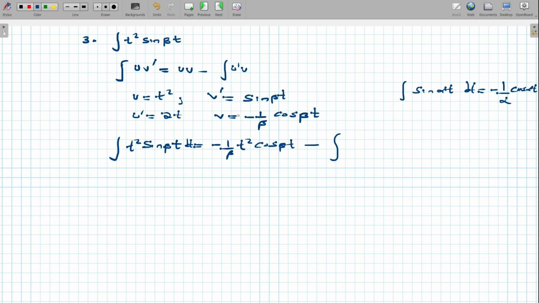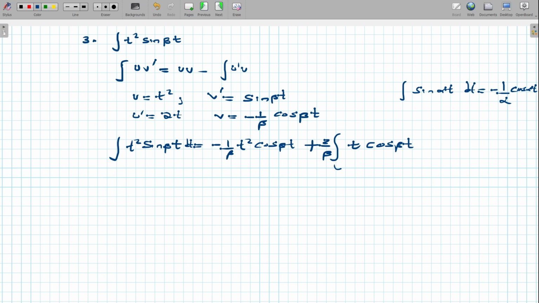So what we have here is a minus. When we take it out of the integral sign, it's going to multiply with the minus 1 that is outside. So we're going to have a plus, and then the 2 divided by beta is going to be a constant. So I'm going to write it here, and then inside we're going to have t multiplied by cosine beta t like so.